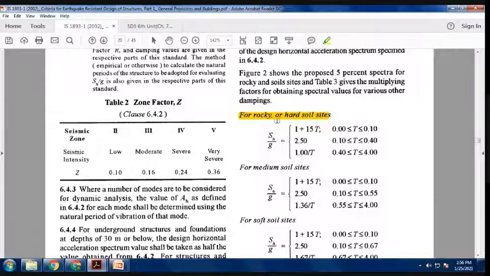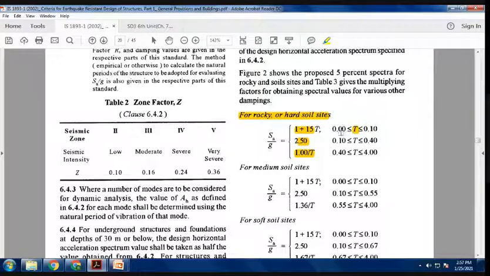Hard soil means that I should refer to this one. Here I have 3 values: 1 plus 15 times the t, or Sa by g is 2.5, or Sa by g is 1 upon t. Among these 3, which should I refer? It depends upon your value t.